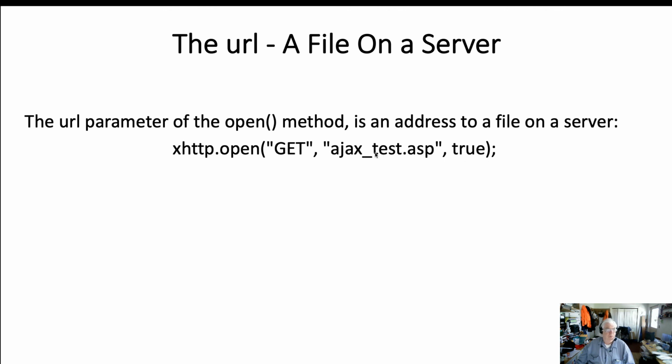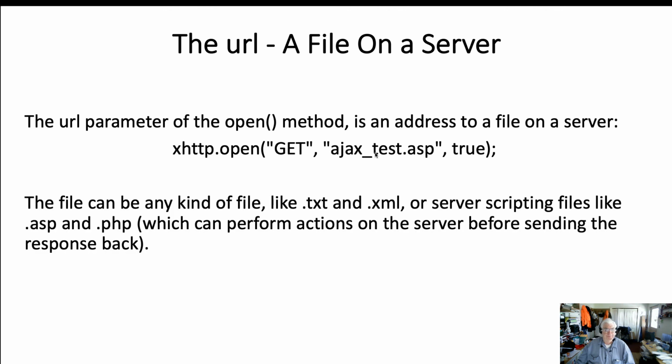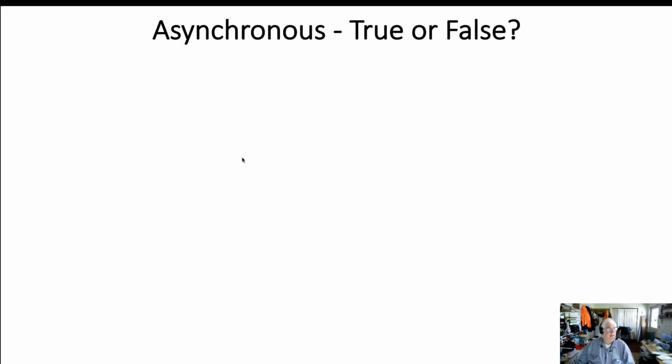It assumes it's going back to the same domain that it came from. A file can be any kind of file, like a text, an XML, a server script. All this says is that it's going to go do whatever Ajax_test.asp does. And what it does is going to be a function of what the server thinks that file does. And when it runs, the server is going to send the response back.